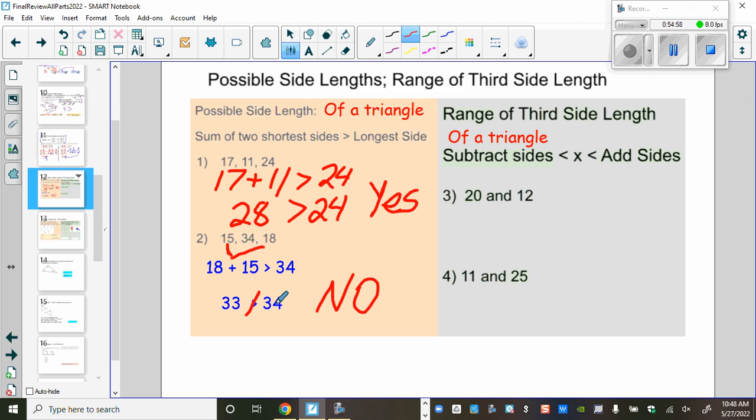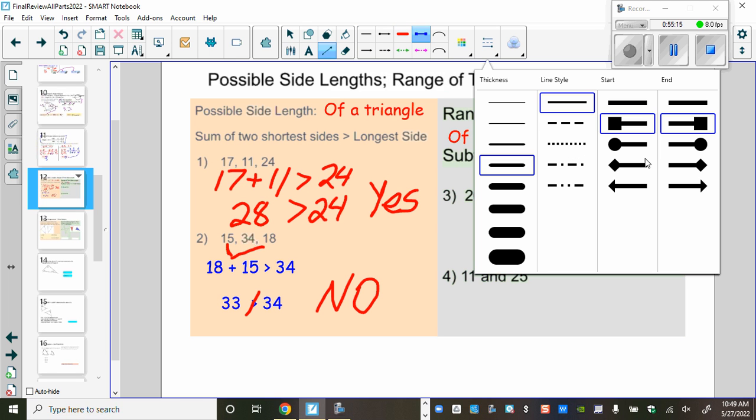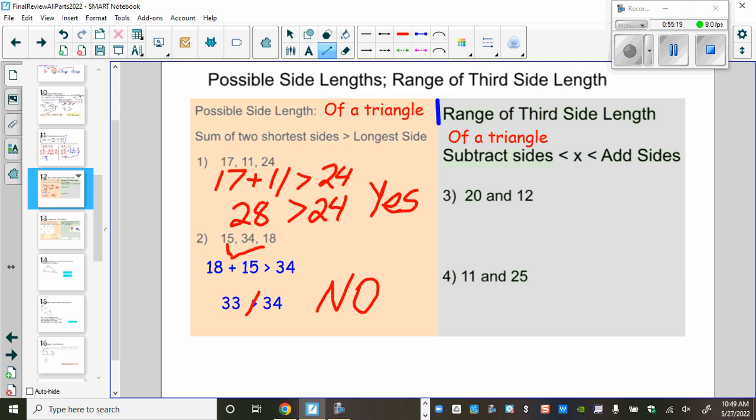All right. Now for the other half, all you're going to do for these types of problems, if I say you want to find the third length, all you do is the following.